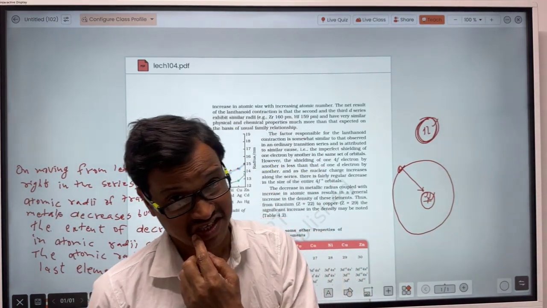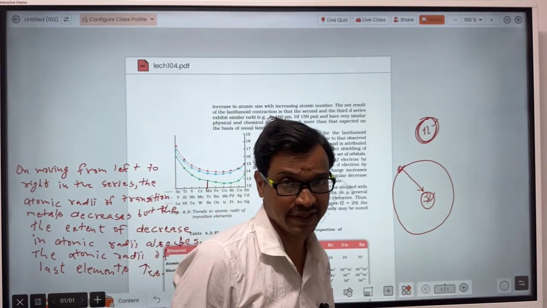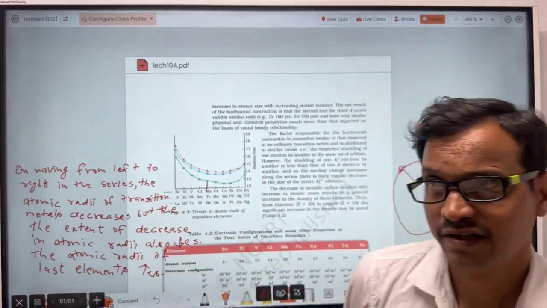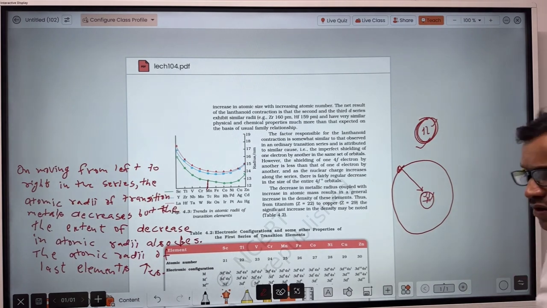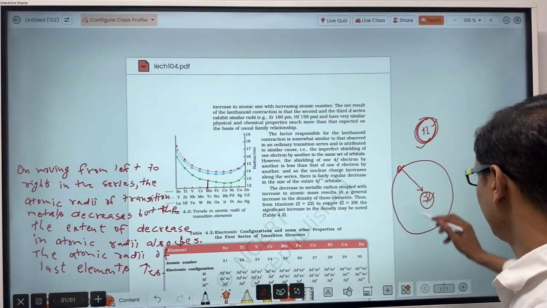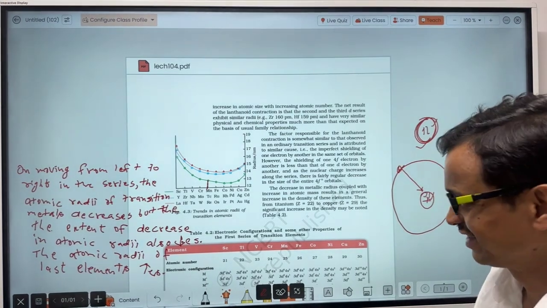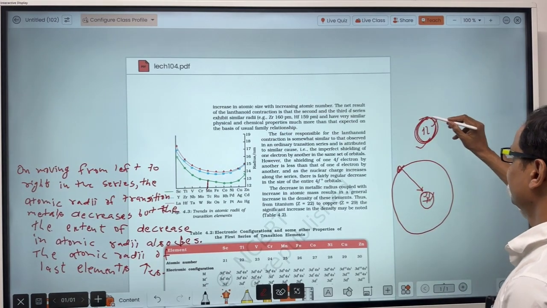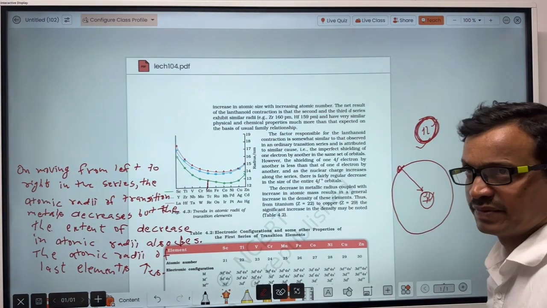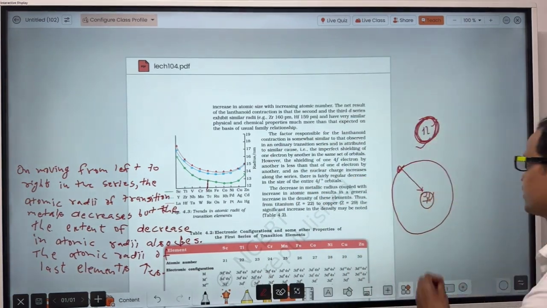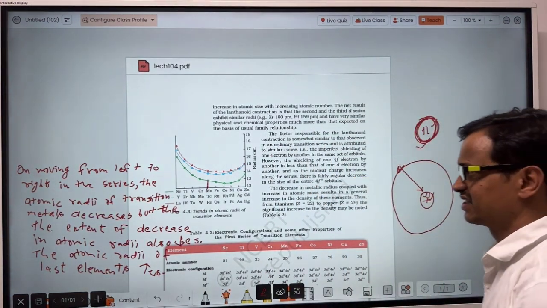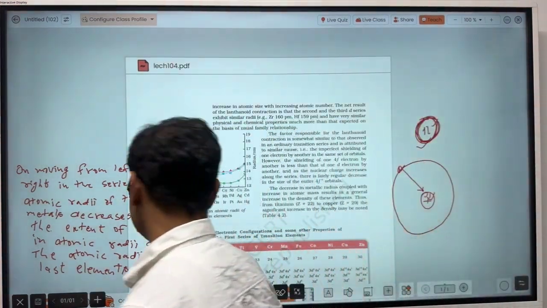As a result, the size of the atomic orbital will increase. So the extent of decrease in atomic radii will decrease, because the repulsion between the electrons present in the same orbital tends to increase the size of the orbital.